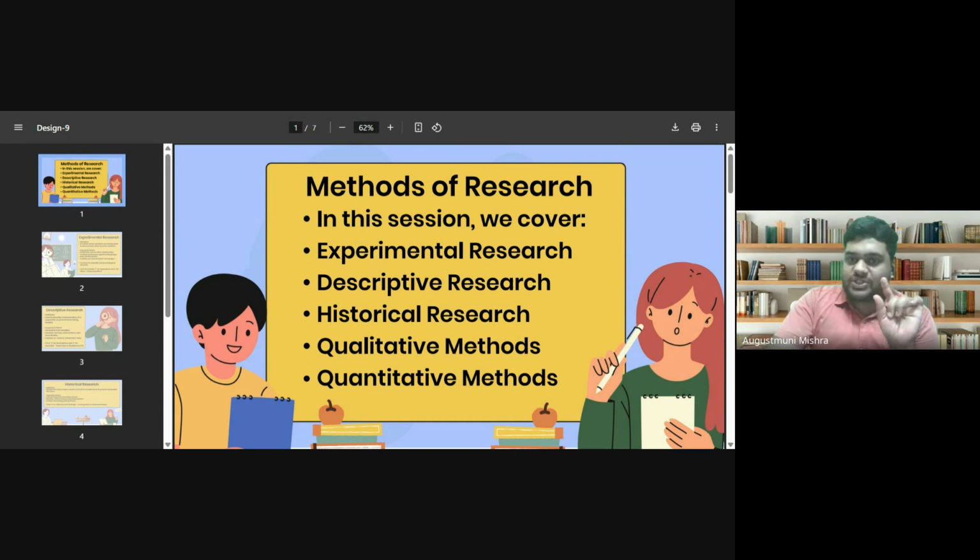So now I'm just sharing another screenshot with you all, that how you can classify research on the basis of different aspects. Okay. I'm sharing the screenshot.